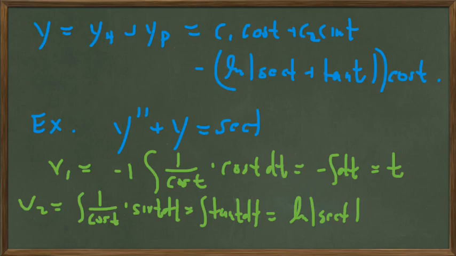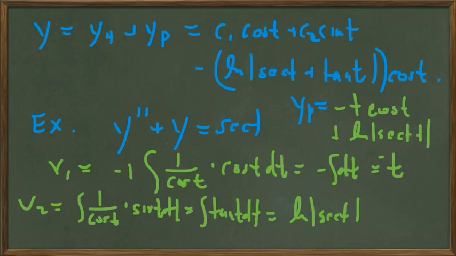So we can put together the yp part of the solution. yp is v1 y1, I should have got a minus sign here, so it's minus t cosine t plus ln of secant t times sine t.